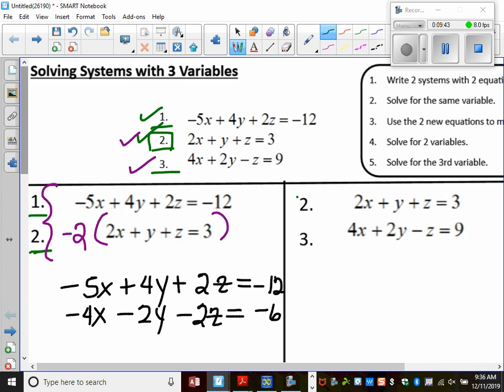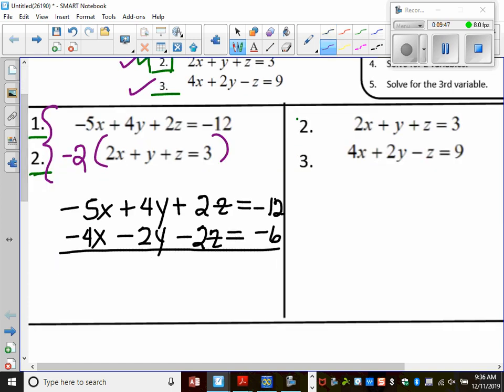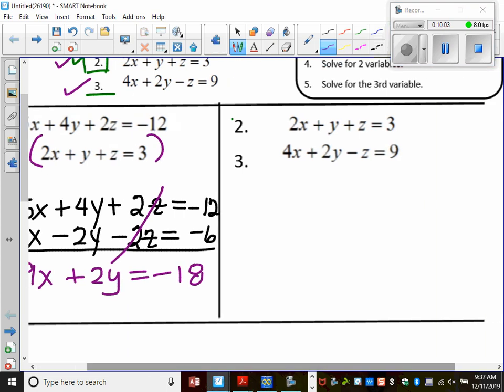All right, so we're going to go ahead and add them together. That will eliminate my z's. That was the whole point. And I'm left with -9x plus 2y equals negative 18. All right. So going to my second system, the z's will automatically cancel out.